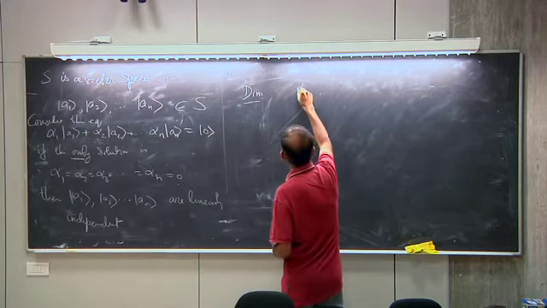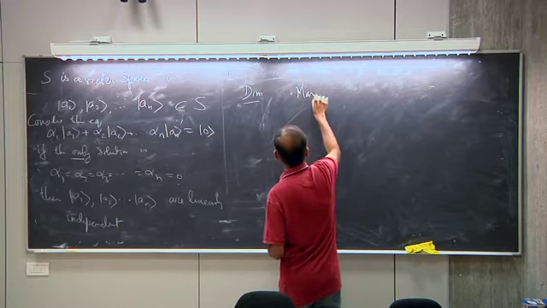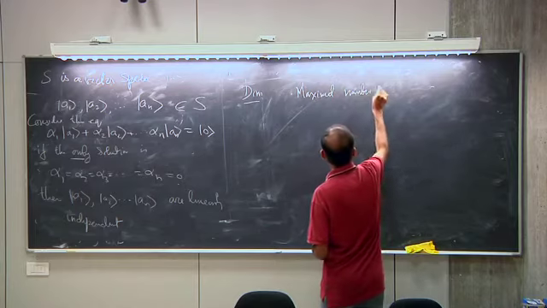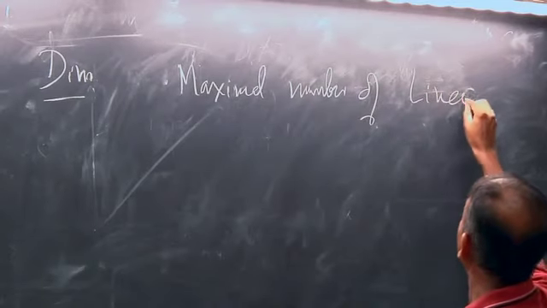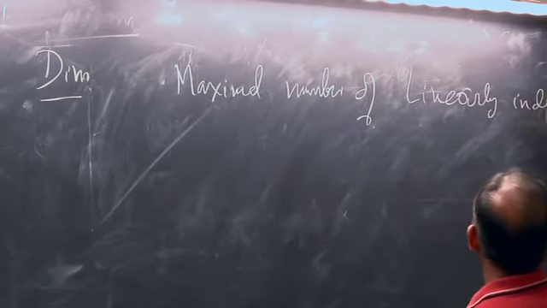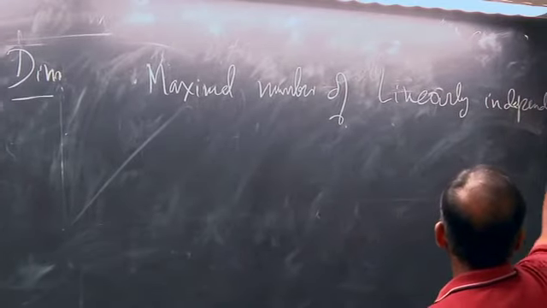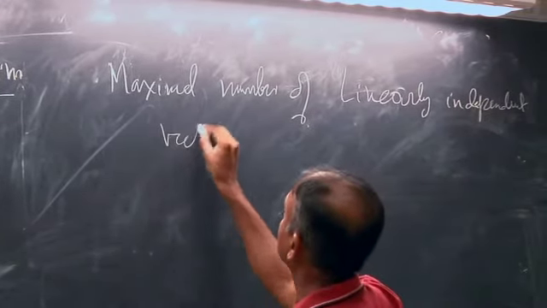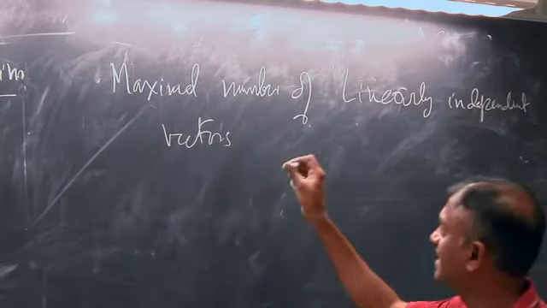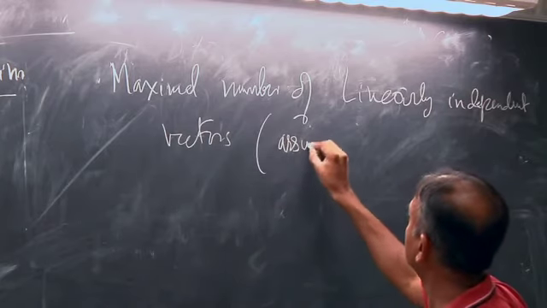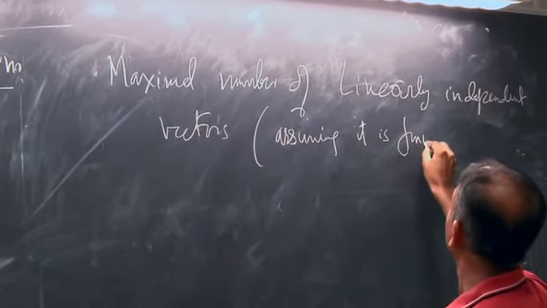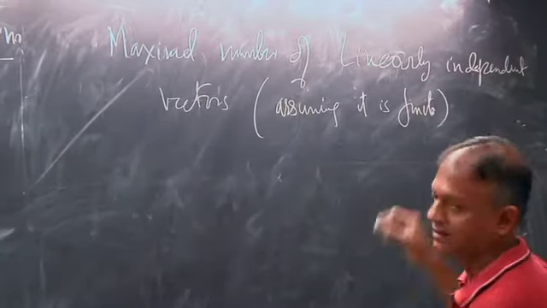Dimension is the maximal number of linearly independent vectors. I'm assuming that this is finite. So really I'm talking about finite dimensional vector spaces.